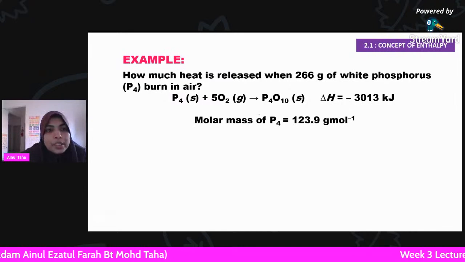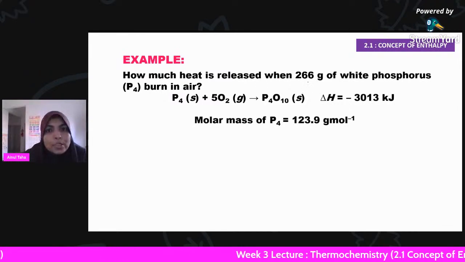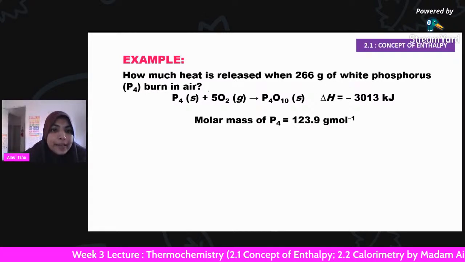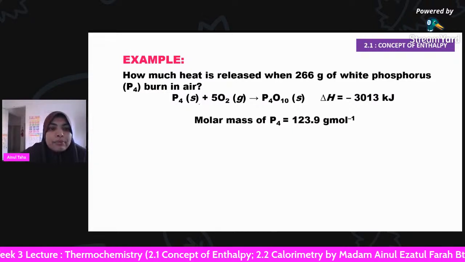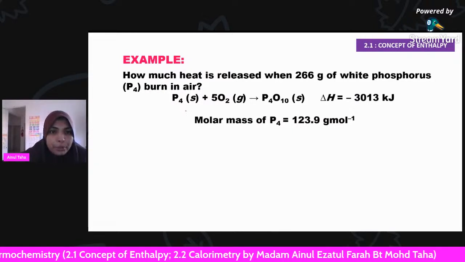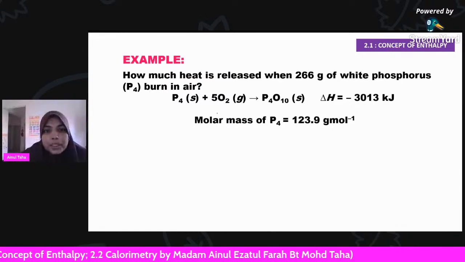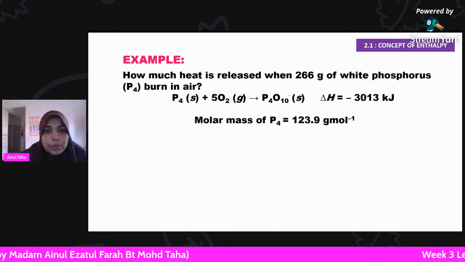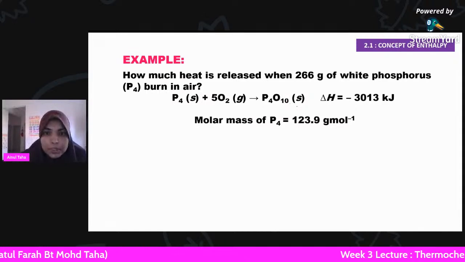Okay, so the question said how much heat is released when 266 grams of white phosphorus burn in air. We have phosphorus P4. It burns in the presence of oxygen and then it will produce phosphorus oxide P4O10.